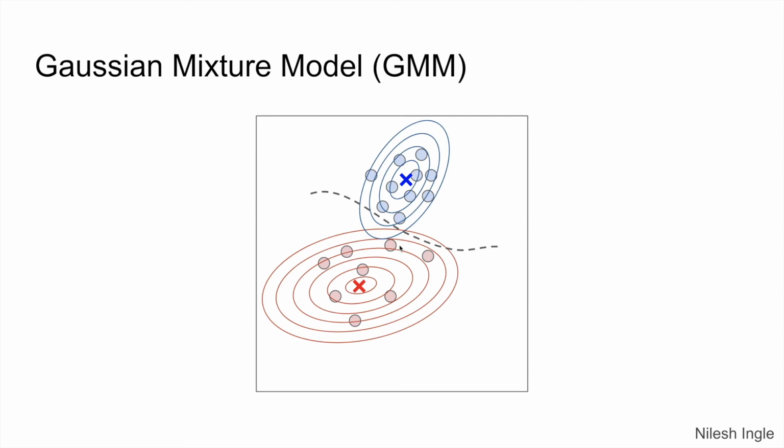In the sense that we have identified the Gaussians that represent those clusters of data points. And in Gaussian mixture models, the decision boundary can be nonlinear, which could help find clusters in more complicated structures of data sets.